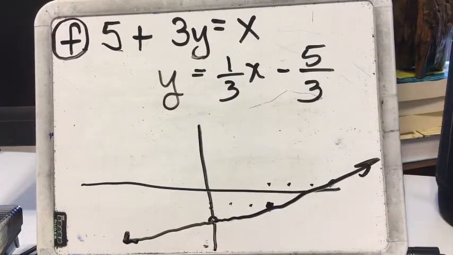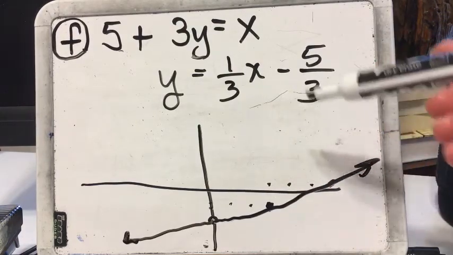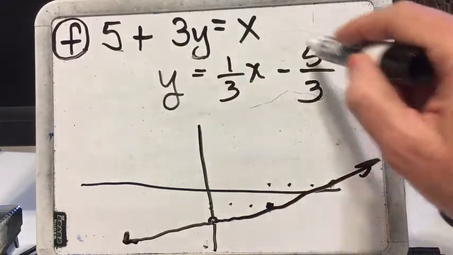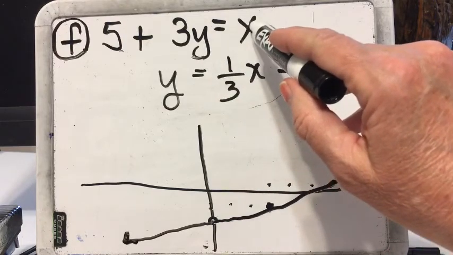But now, suppose I didn't want to use that method. They told me to use that method, but suppose I just wanted to graph this one because I knew this one was going to give me fractions. What if I just let x be 0?